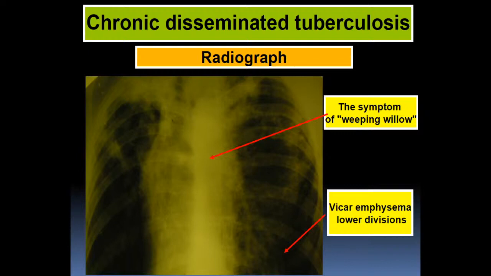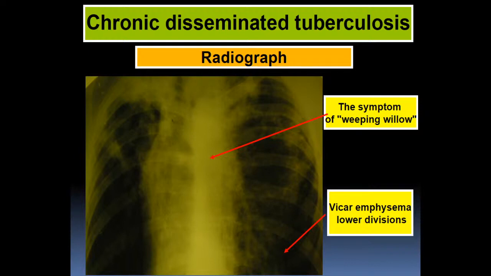On this X-ray, also many focal shadows of different density, different sizes, more in upper parts of lungs. The heart shadow shifts upward and to the right side on this X-ray.